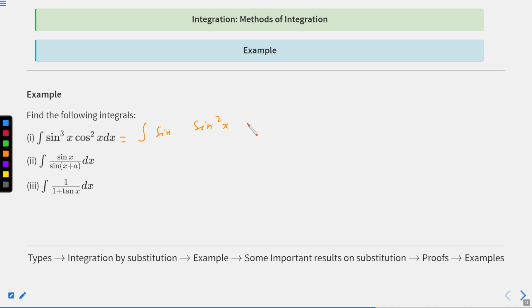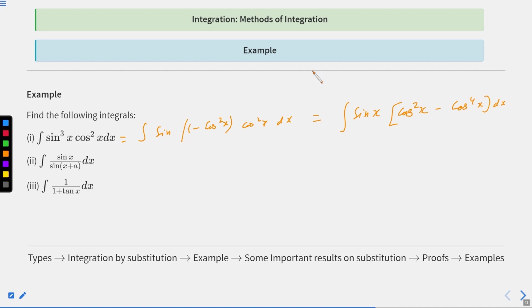So sine square x cos square x dx. Now take sine x and replace it in the form of cos. This means sine square can be rewritten as 1 minus cos square x. Now this will be sine x times cos square x minus cos power 4x.